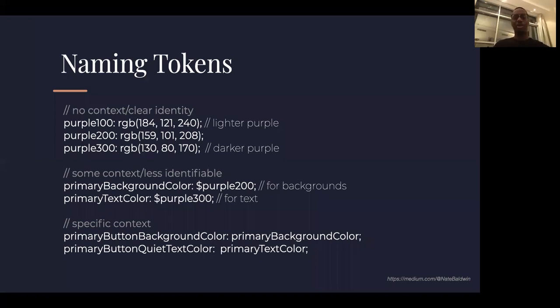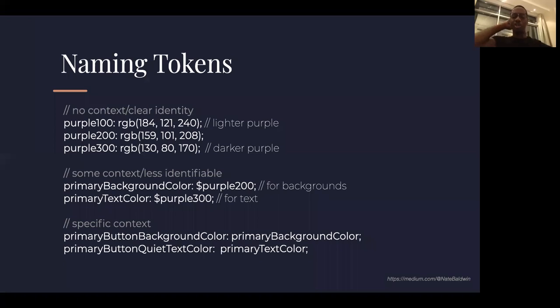You can then use those initial atomic tokens and have them as the value to another token. So in the middle example, you have your primary background color being purple 200, and your primary text color being purple 300. So you can start layering these token names and giving them contextual meaning based on their usage.